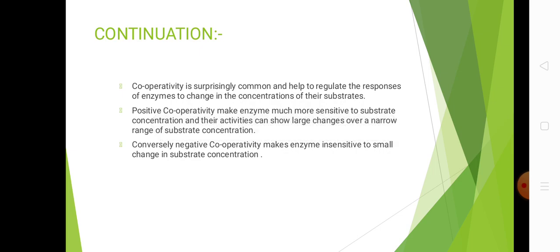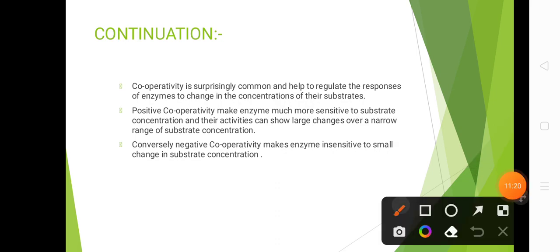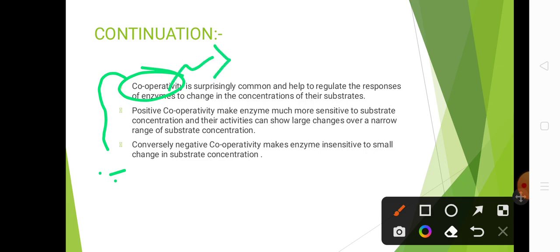Now we will talk about the Hill equation. Before entering the Hill equation, to explain it more easily, I want to tell you that cooperativity helps to regulate the response of the enzyme to small changes in the concentration of the substrate.